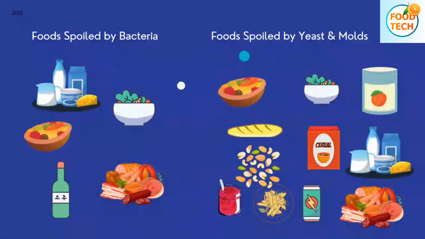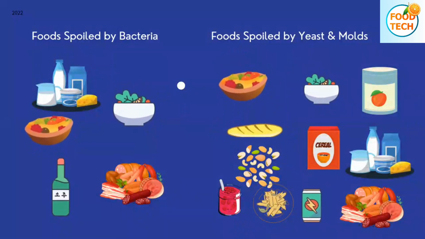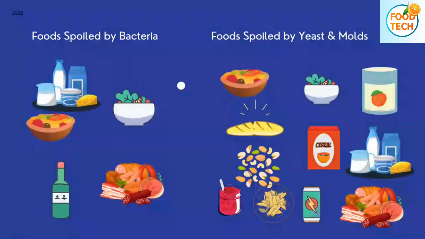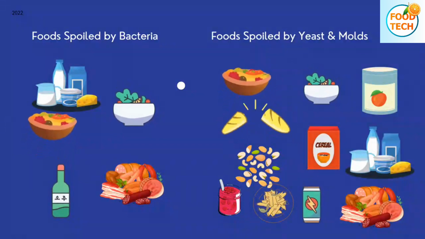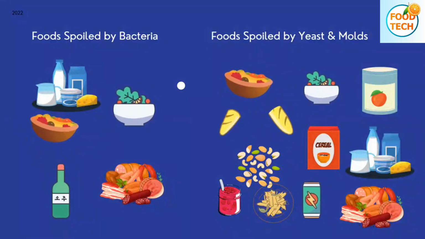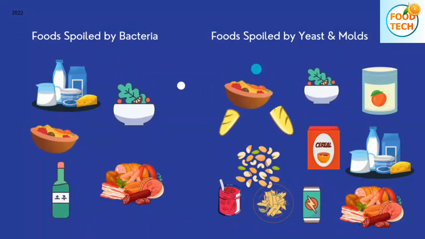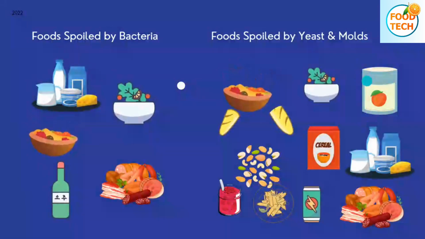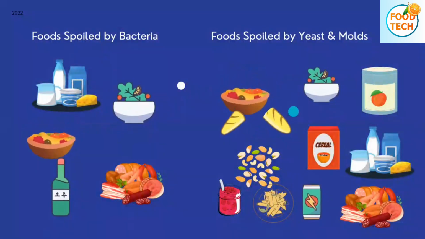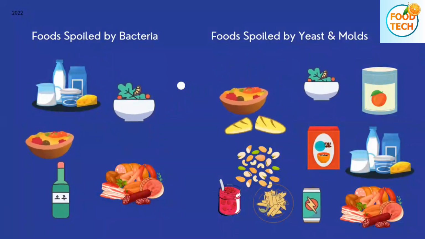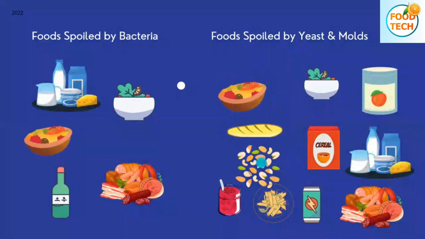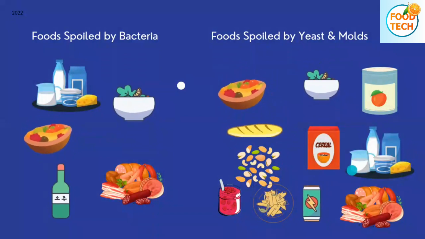Now moving to the foods spoiled by yeast and mold. Yeast and mold can spoil a variety of foods because they can withstand harsh conditions, right? So they can spoil fresh fruits, vegetables, canned acidic foods, then wheat, bread, cereals, milk, and ground nuts, pasta, jam, soft drinks, meat.